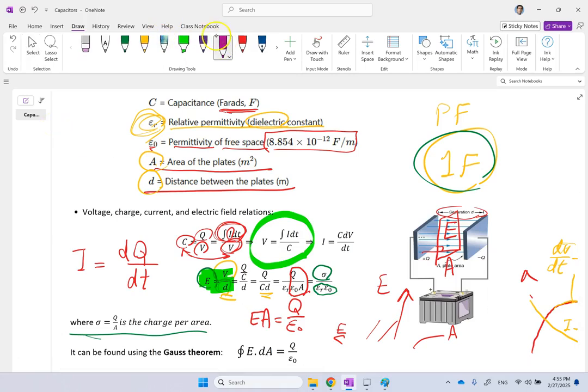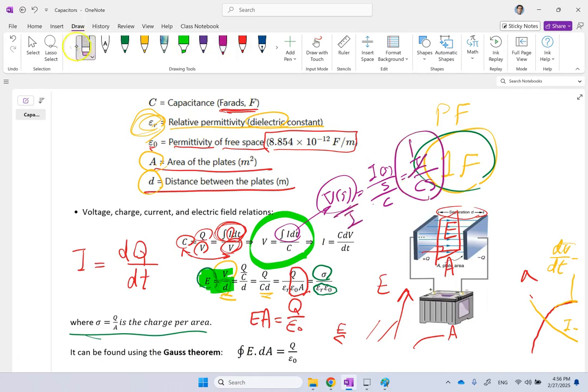But if I just take a Laplace domain of this, you see that V of S is, Laplace of integral is 1 over S. So it is going to be I of S over S and over C. So it is going to be I over CS. And impedance, which is V over I, it is going to be 1 over CS that we already discussed.